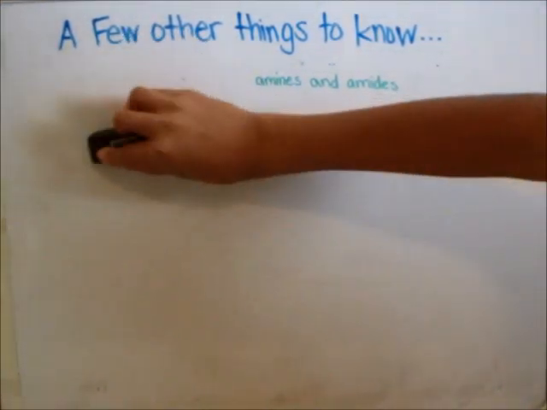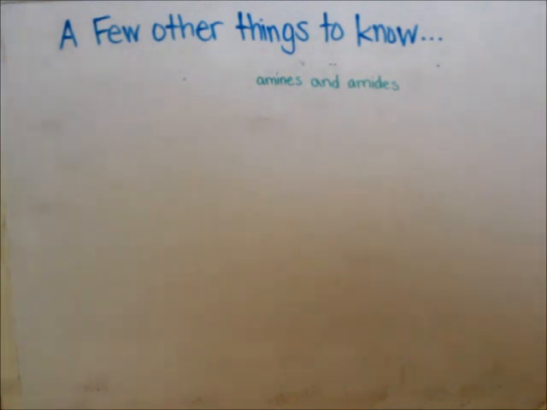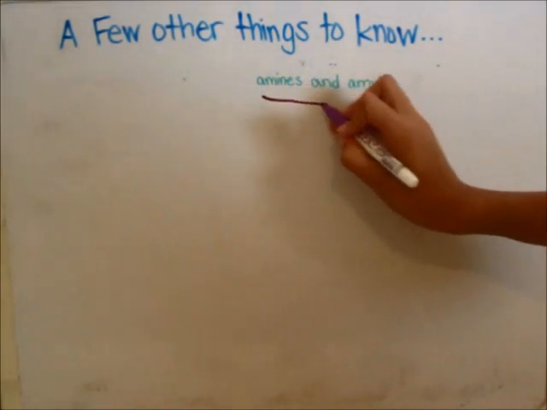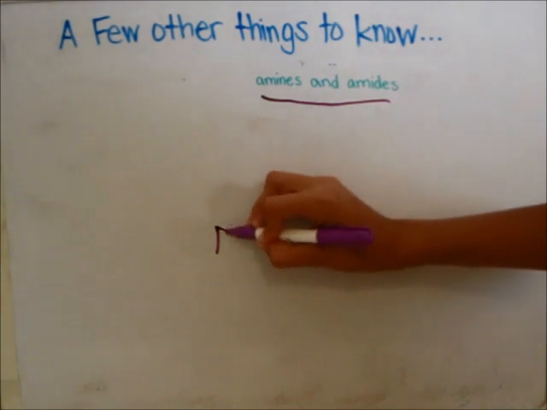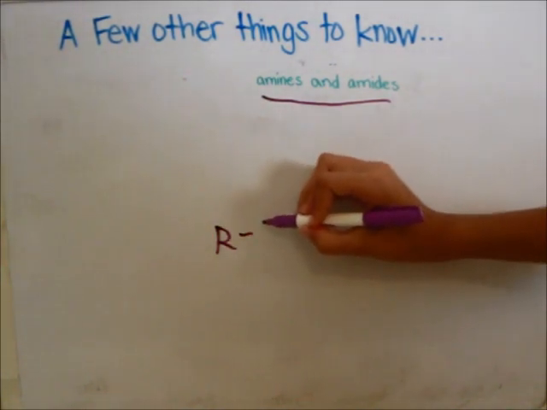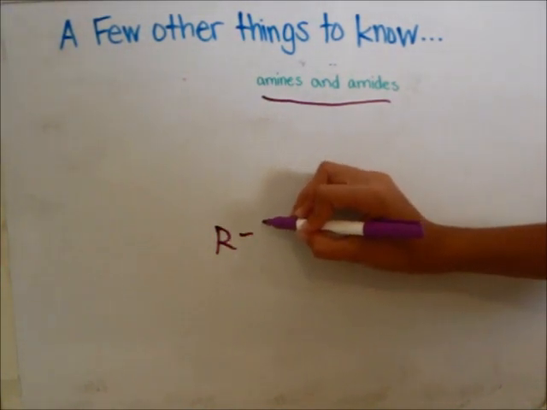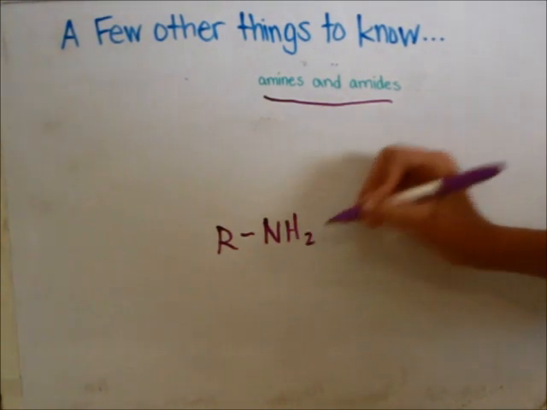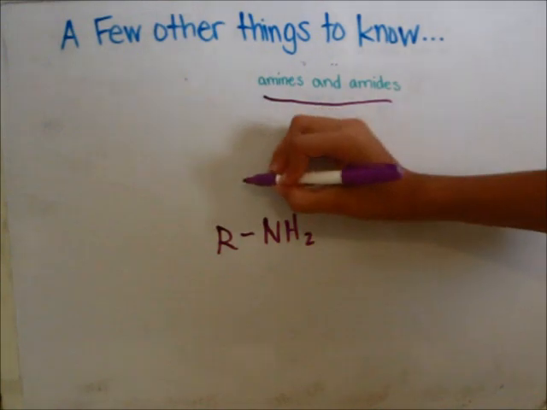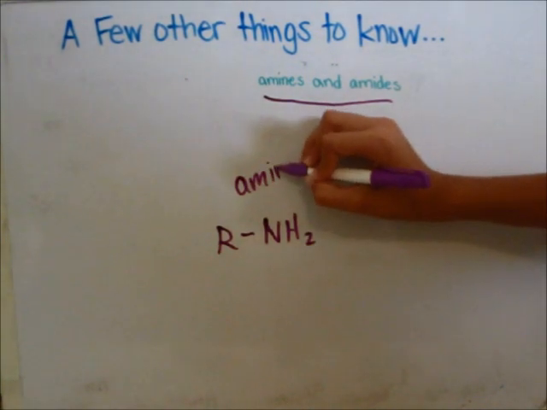And then amines and amides are just a couple other functional groups that I didn't cover, and I'm not really going to give any examples, but just so you know, the formula for an amine is just NH2 attached to the group, and remember N is nitrogen, so that's an amine functional group.